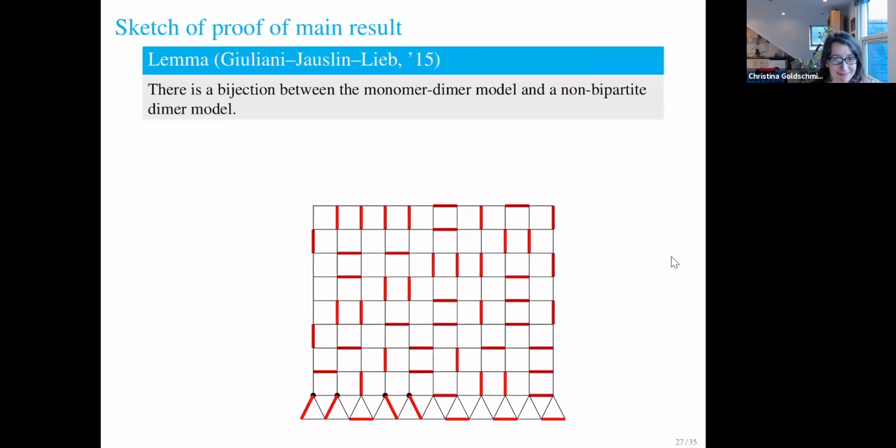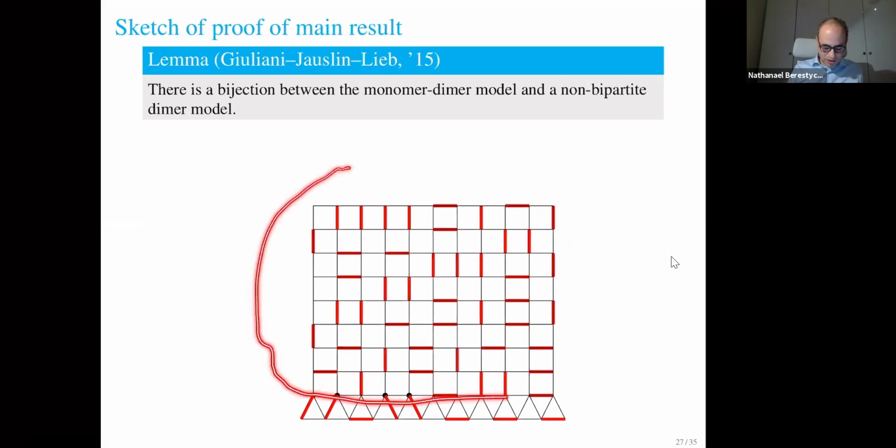So let me give you a very short sketch of a proof. And the beginning is a very nice idea. It's in a paper by Giuliani, Jauslin, and Elliott Lieb from 2015, which shows that there is a bijection between the monomer dimer model and a dimer model, but on an extended graph.